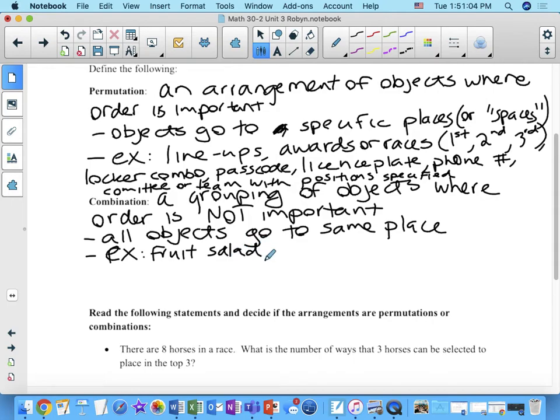What else? Maybe go back to the examples that we just did and look at some of those. Different kinds of salad. Well, unless you're talking about the layered salad. Have you guys seen the layered salad? That's a permutation.